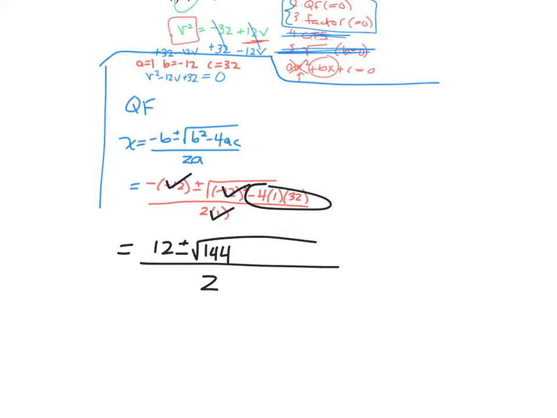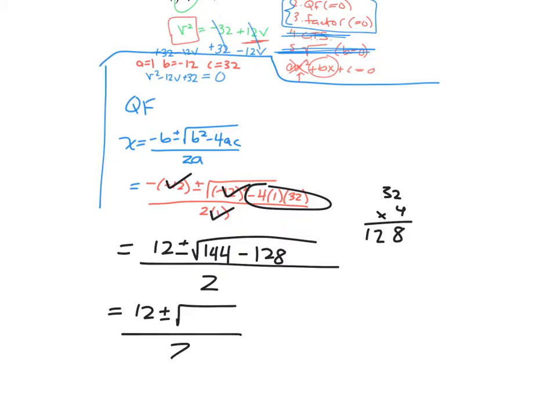And then these 3 multiplied together are going to be minus, and then let's see, it's 4 times 1 is 4, times 32 would be 128. And whittling that down, we get 16.